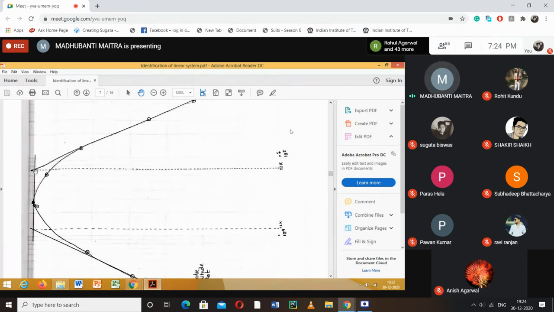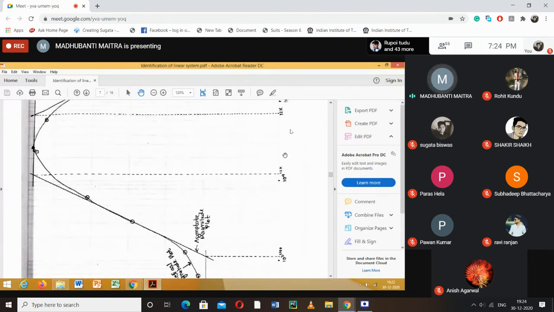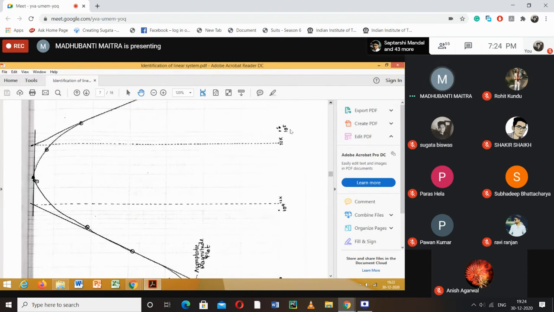Similarly, at this point, again, there is a change in slope, and this time the slope is minus 20 dB per decade. That means another pole has been added at this particular frequency to the system. So the system will have a zero at this point and 2 poles at these 2 points.